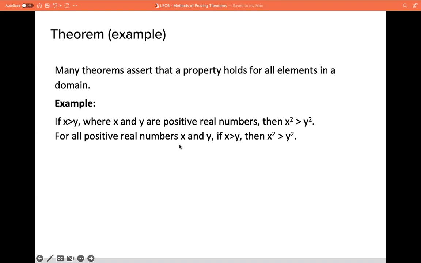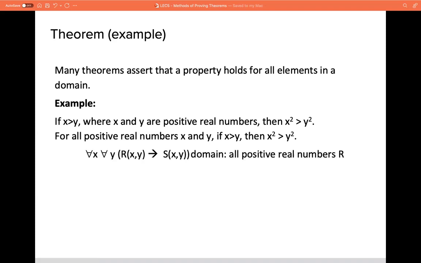As you can see, we omitted the universal generalization, for all. We can state it in predicate form: for all x and for all y, R(x,y) implies S(x,y), where x and y are elements of the set of all positive real numbers, such that R(x,y) states that x is greater than y, while S(x,y) states that x squared is greater than y squared.